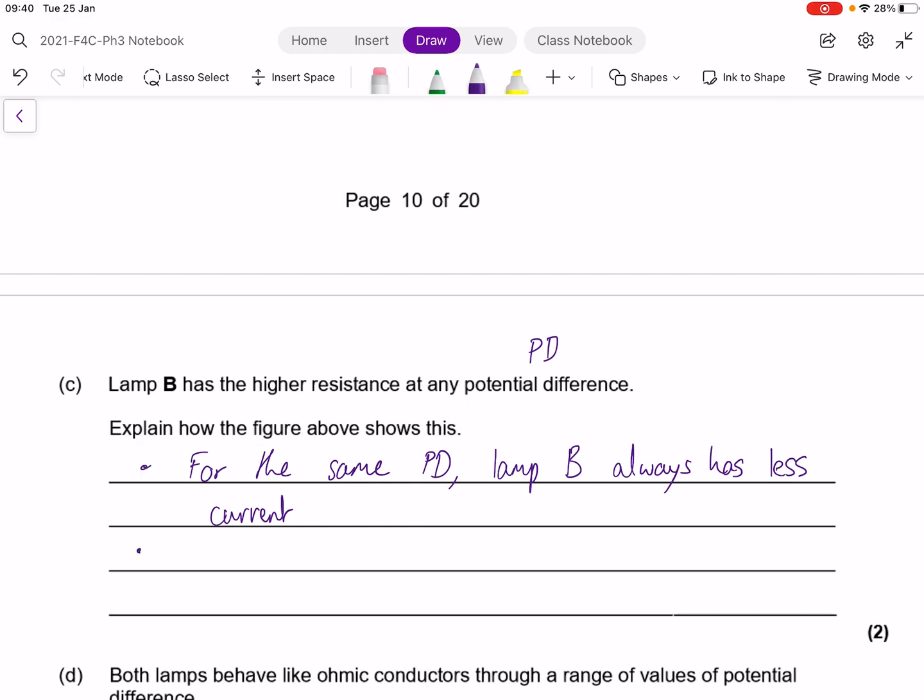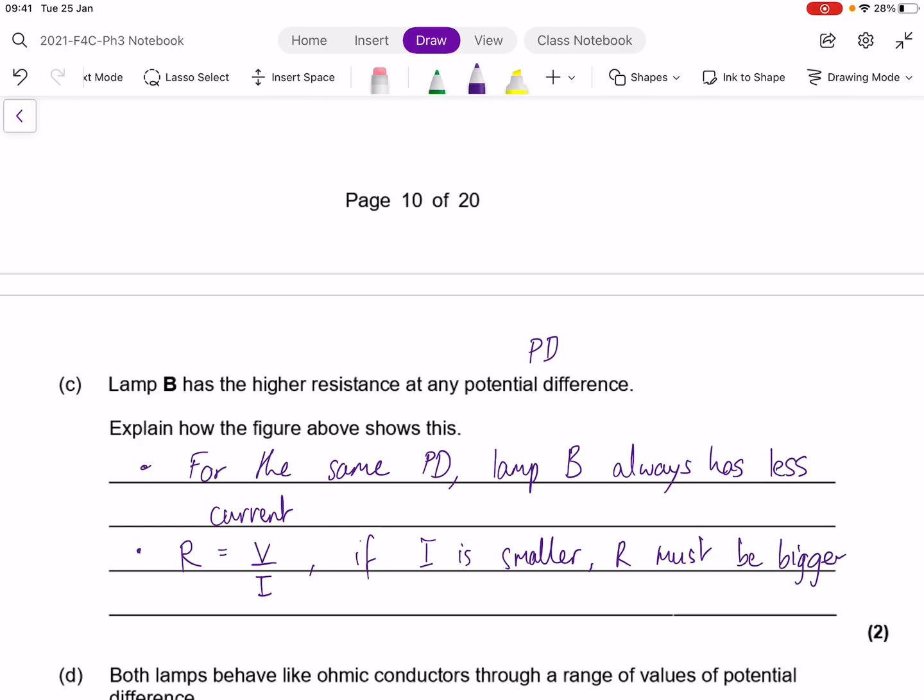And then I think what I would do is I would argue, well, if R equals V over I, if I is smaller, R must be bigger.